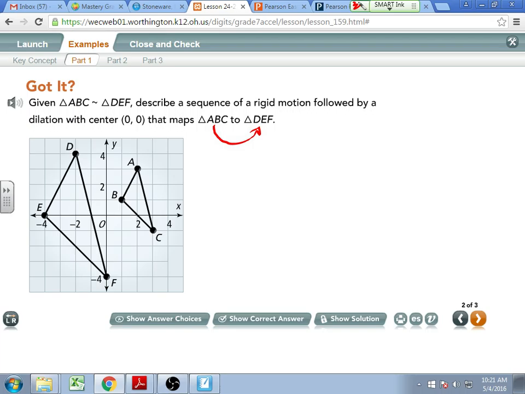Actually, this one is asking, sorry, I said that incorrectly. This one is asking for a sequence of rigid motions, then followed by a dilation. So we're actually going to dilate last, which makes this even harder, because you have to get your pre-image into position to then dilate and become what you want it to be. So you kind of have to work backwards here.